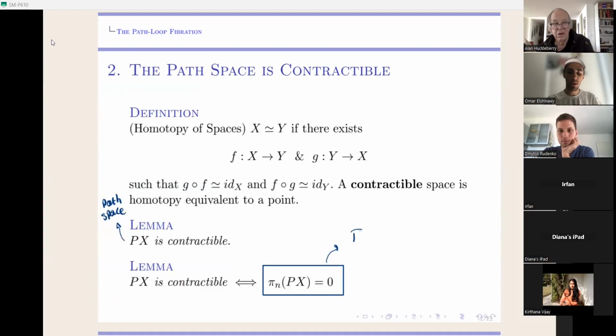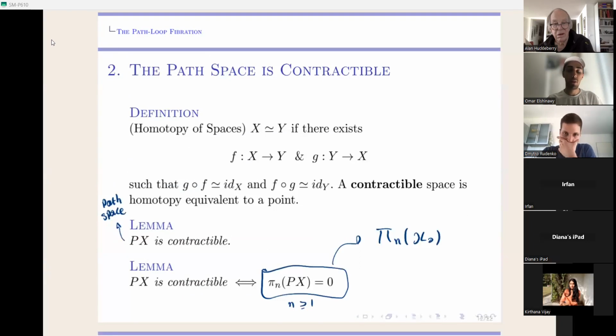Well, this is not so obvious, maybe, but if you look at pi n, we have to, of course, identify the domain, so we have to say n greater than or equal to 1. If you look at the fundamental group of a point, x naught, then if you have a space which is just a point and you want to form a group out of that, it has to be the trivial group.